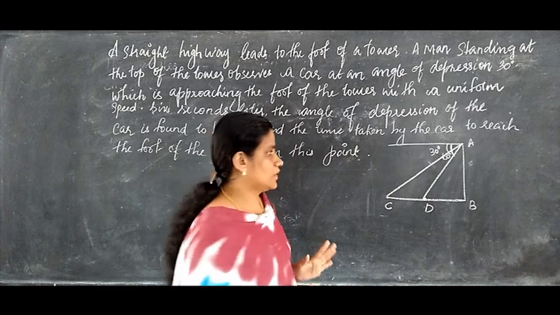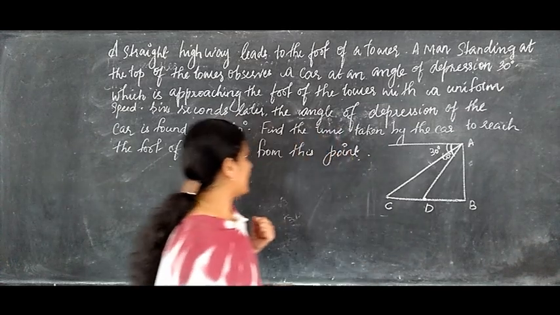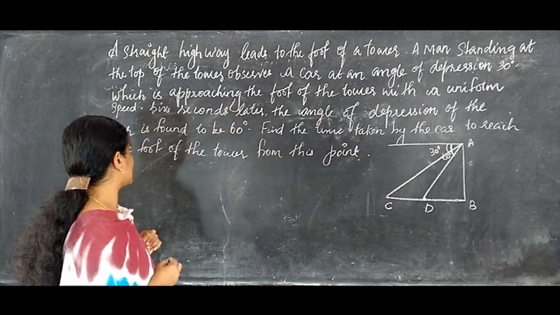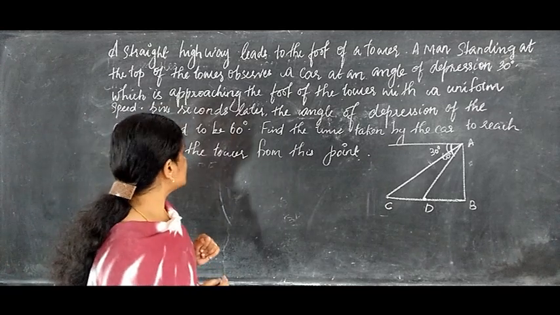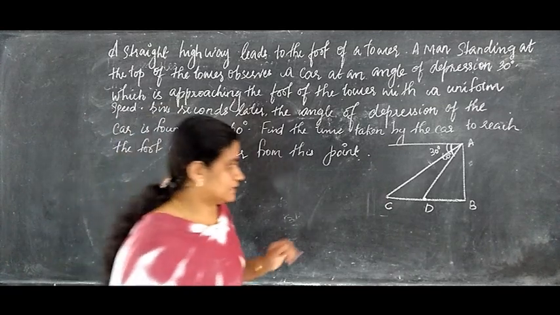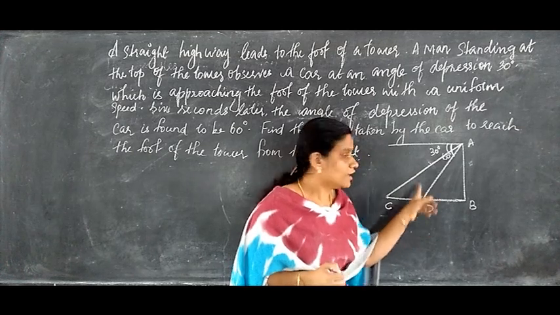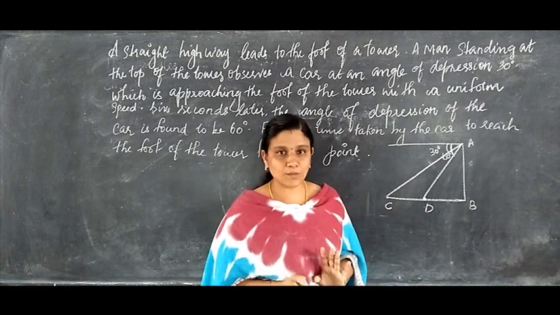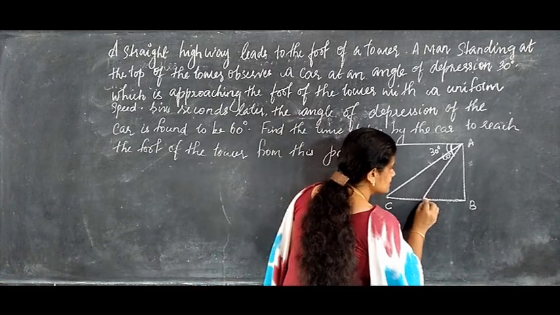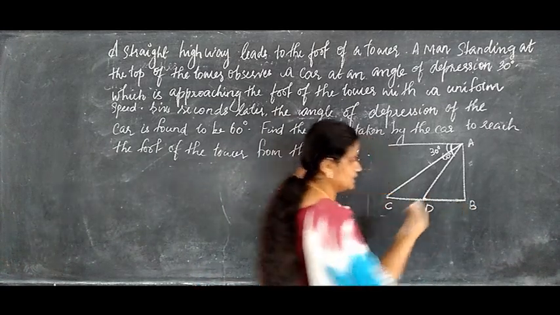Is it clear, children? Now we have to find the time taken by the car to reach the foot of the tower from this point. That is, from D, the time taken by the car to reach B.